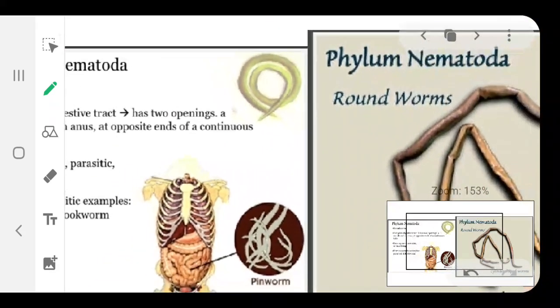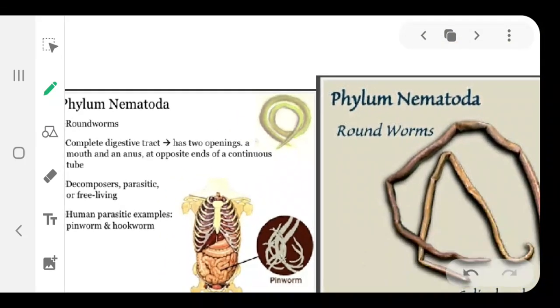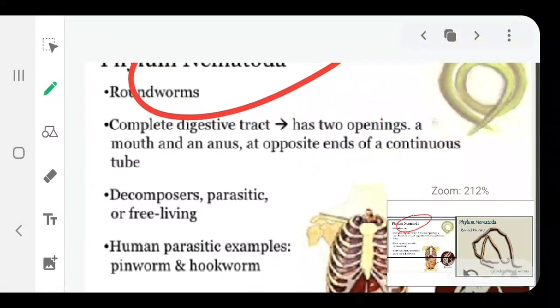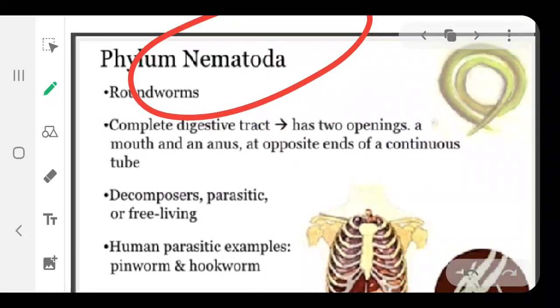Now come the last five approximately phyla, more or less. The first one is nematode. Make sure you have your textbook in your vicinity, because you can refer to these names and see the other diagrams and examples. In nematodes we basically have roundworms, and they have a complete digestive tract.